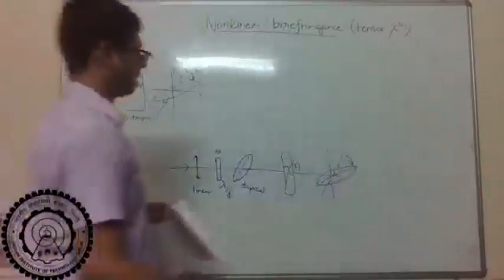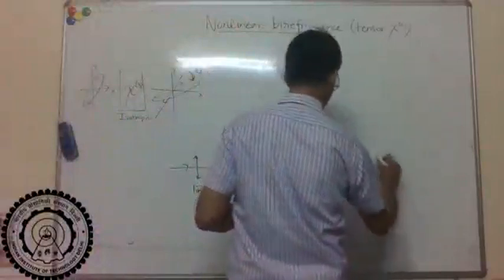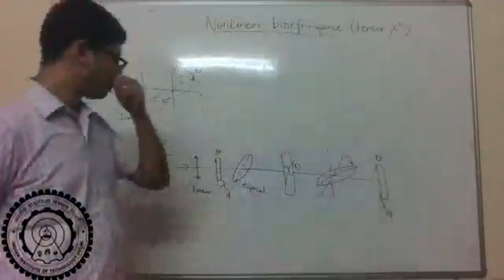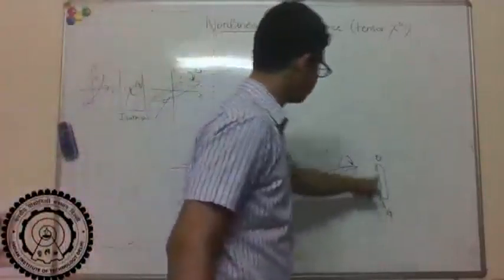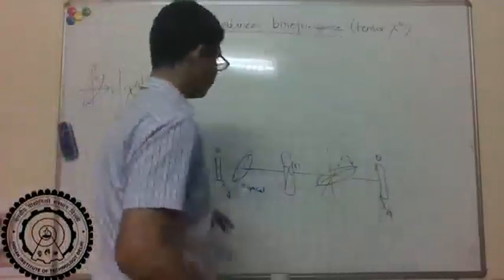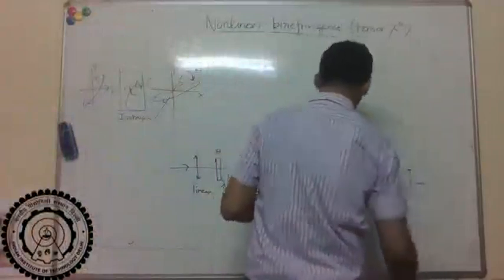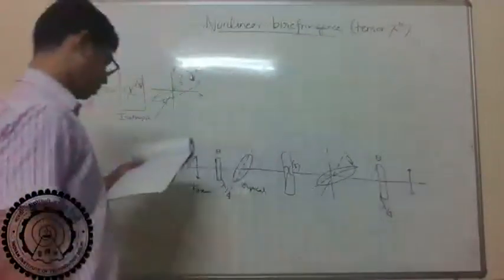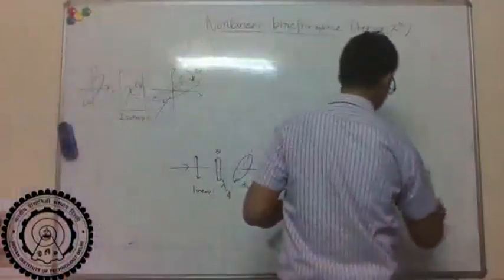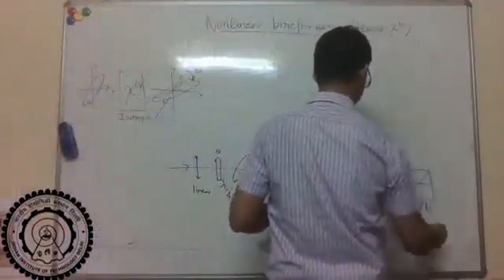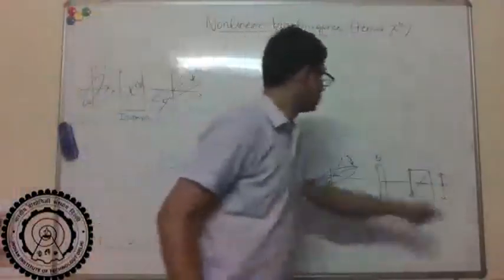And then I put another quarter wave plate at the same angle. If there was no rotation and I get the same polarization here, then this quarter wave plate will recover my initial linear polarization. So before that, let's say I have a polarization beam splitter, and the original linear vertical polarization goes through.